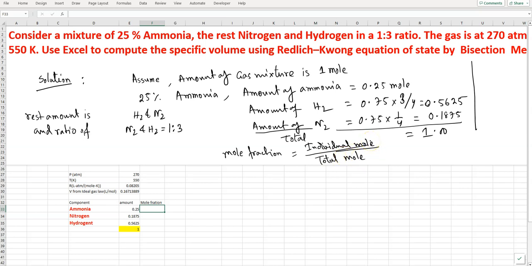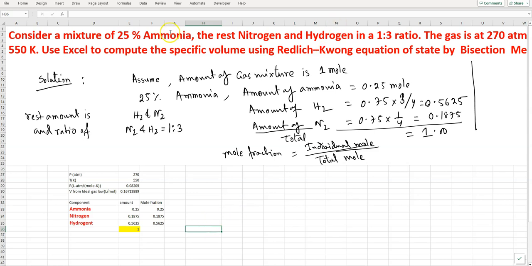Here the total mole is 1, and the individual mole, like ammonia, is 0.25 divided by 1. We can do the same for each component, this divided by this. So the mole fractions are given.